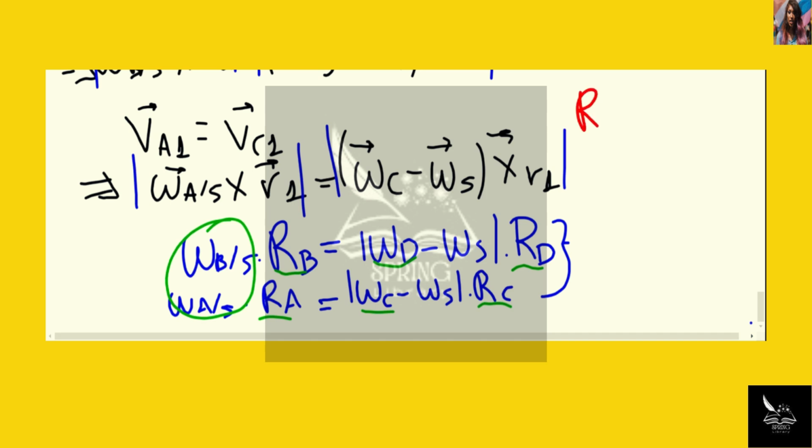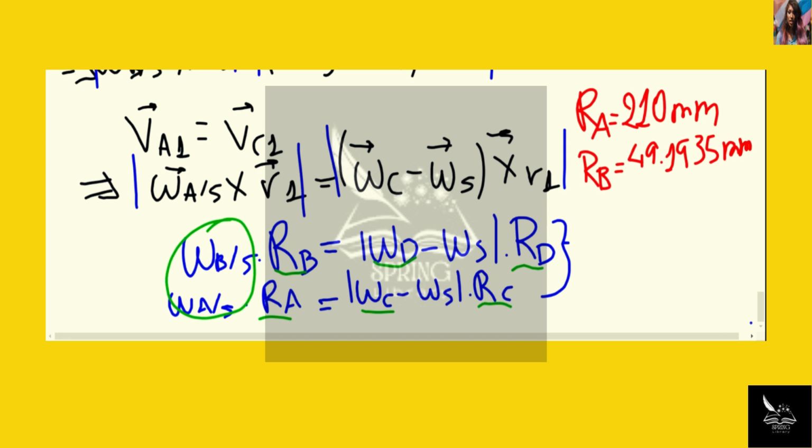If someone does the calculations, eliminate these two and use the fact that little a equals 10 millimeters and capital B equals 49.1935 millimeters, and solve for omega S.